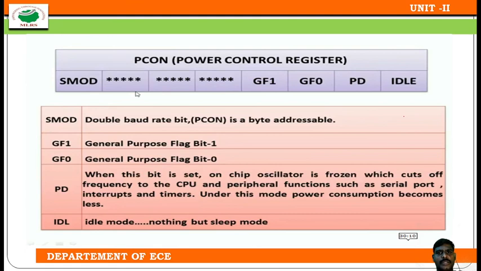This PCON register, the power control register, is used whenever I want to transmit data faster. The PD bit disconnects the clock signals required for all the other peripherals and gives them only to data transmission, so that I am able to double my baud rate.